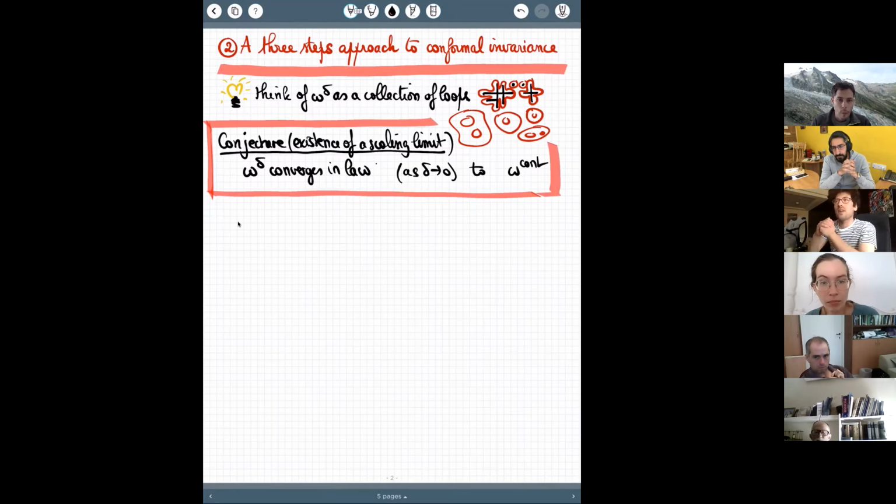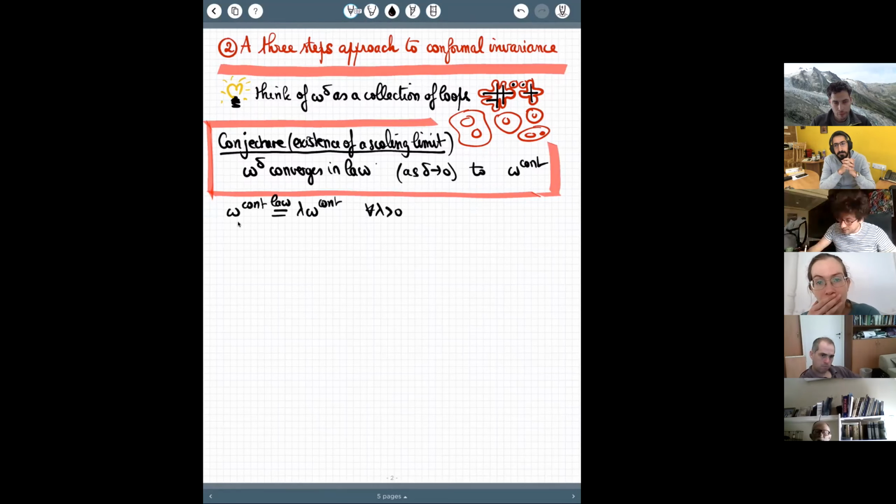Because you see, one thing that you get immediately when you conjecture the existence of the scaling limit is that omega continuous is automatically invariant under scaling. So omega continuous has the same law as lambda omega continuous for any lambda positive.